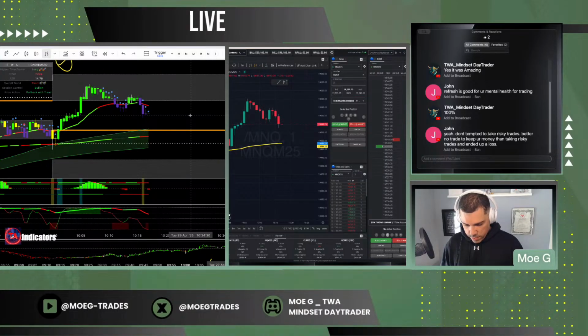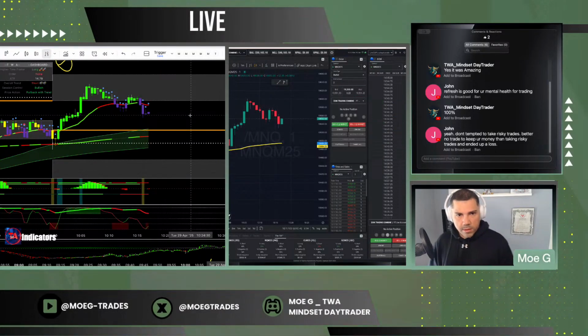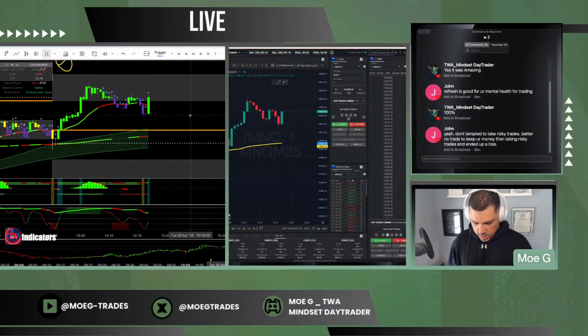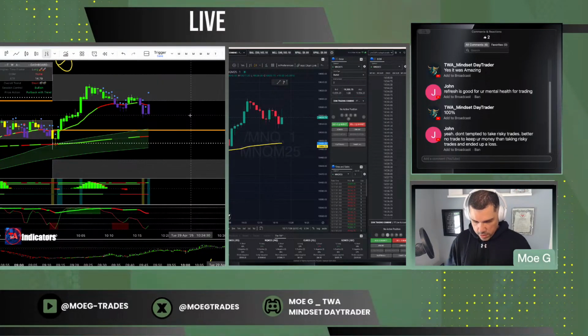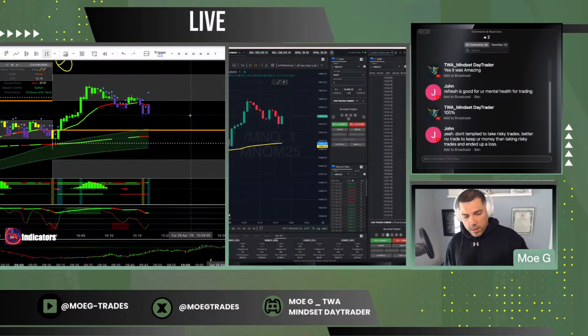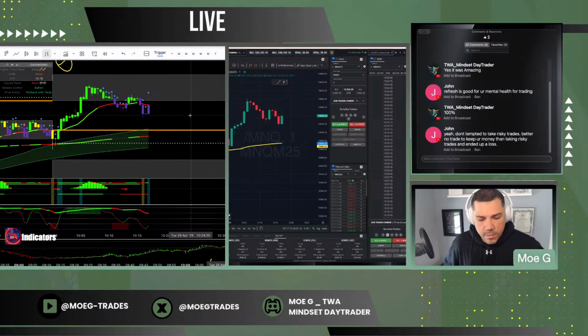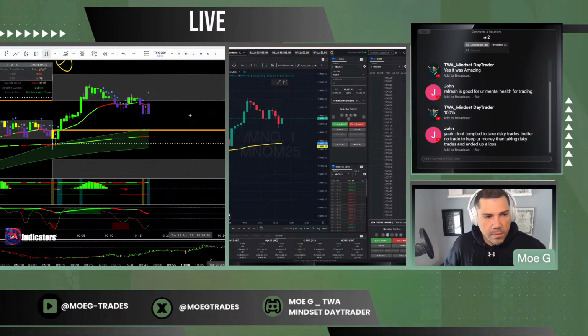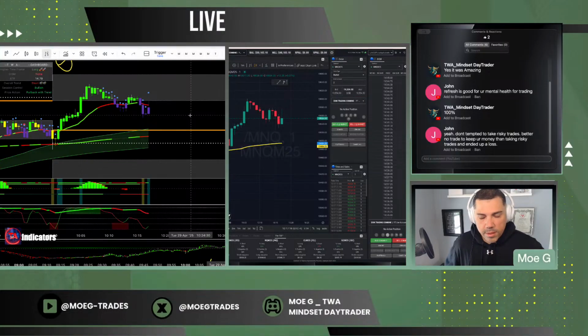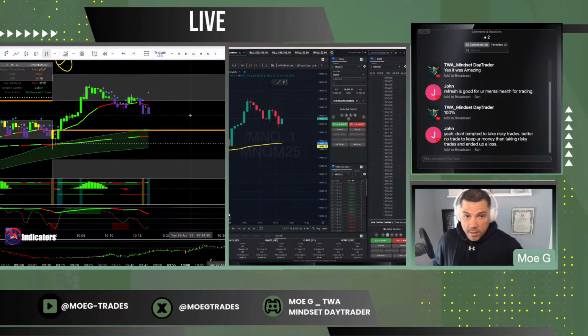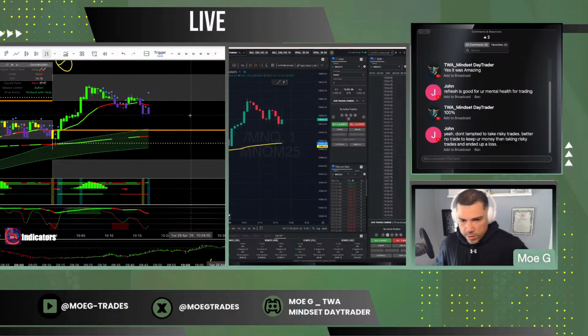Let's see. Yep. Discord, they're saying watch the algo candles and the, what's that called? The money zones. They match. It's a good indication.